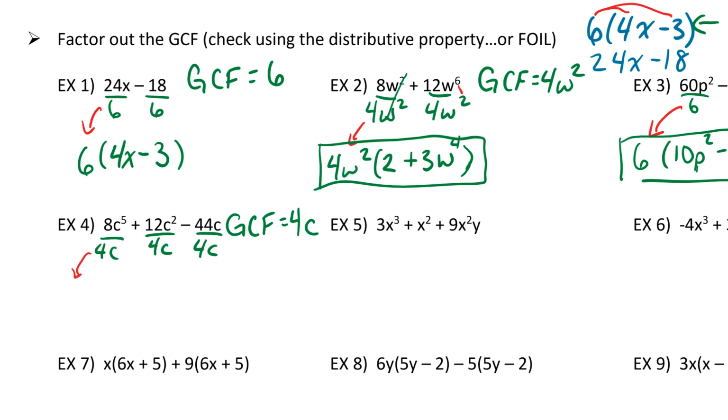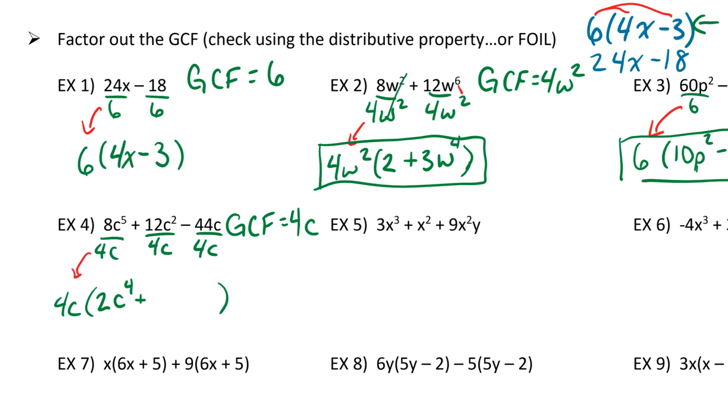So the 4C comes out front, big parentheses, and then we start the division. So 8 divided by 4 is 2. C to the 5th over C means we do 5 minus 1 is C to the 4th.